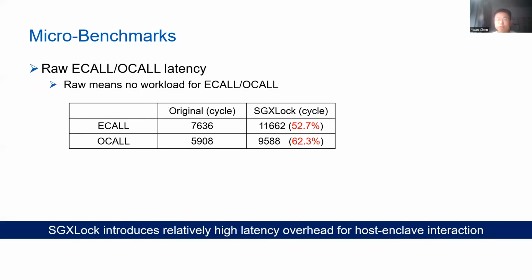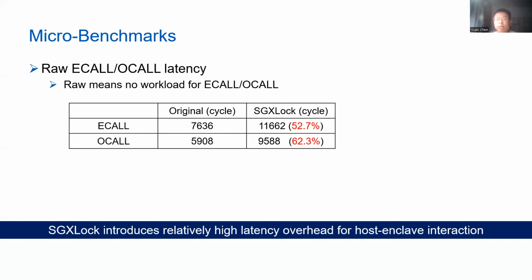For micro benchmarks, we evaluate raw ECALL or OCALL latency. Raw means there is no workload for the ECALL or OCALL. For example, for raw ECALL, it means we just get into the enclave and then get out of the enclave immediately. We can see that SGXLock introduces relatively high latency overhead for the host-enclave interaction.